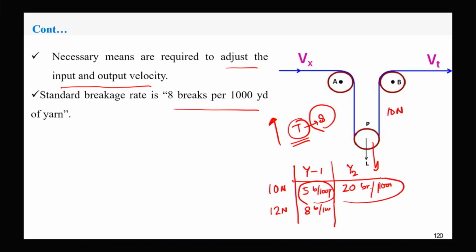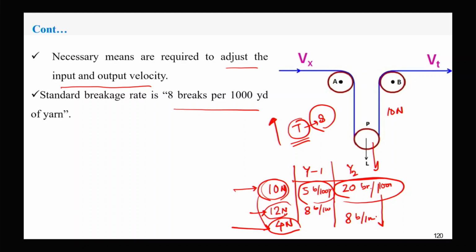But for yarn 2 to bring down the breakage rate to 8, we may have to reduce the load to say 4 Newton. At 4 Newton, it becomes 8 breaks per 1000 yard. So we will compare the 4 with 12.